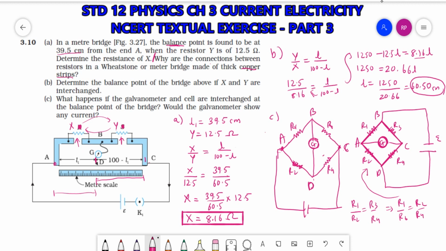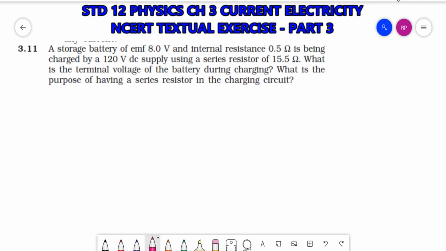Now let's move to the next question, that is 3.11. A storage battery of EMF 8 volt and internal resistance 0.5 ohm is being charged by a 120 volt DC supply using a series resistor of 15.5 ohm. Let's see, this is the battery having EMF equal to 8 volt.